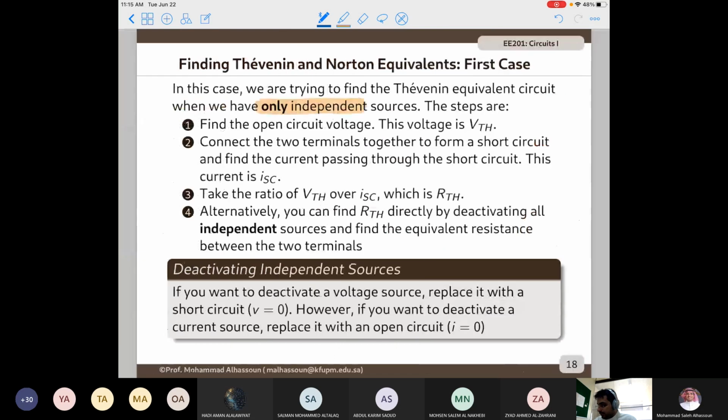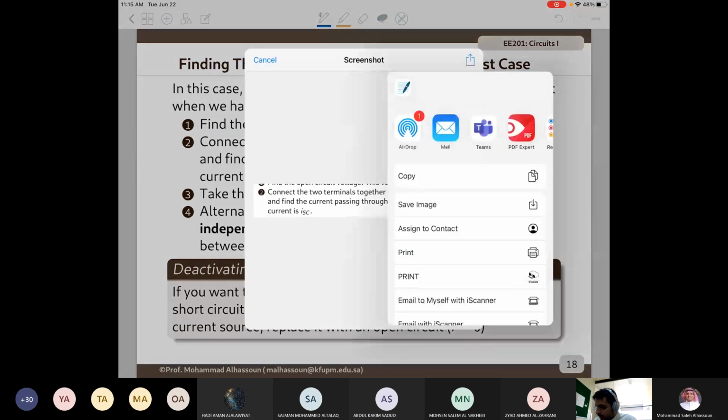The second step is you need to connect the two terminals, A and B, and measure the current here. And this current is called the short circuit current.